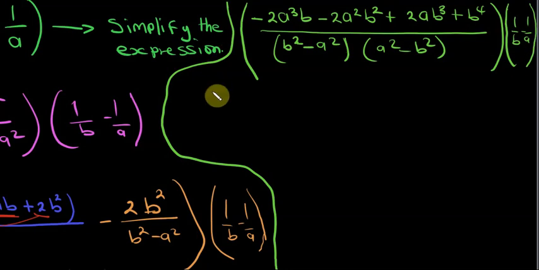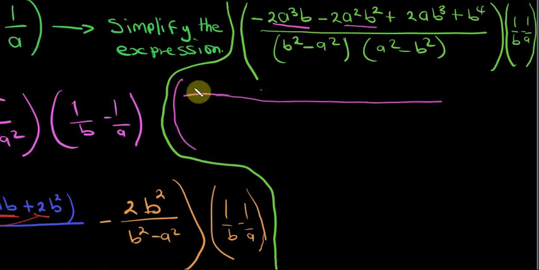Alright, let's see if we can collect or factorize some terms here. Look at this one. This one has a squared and b common. So I'll take out minus 2a squared and b.